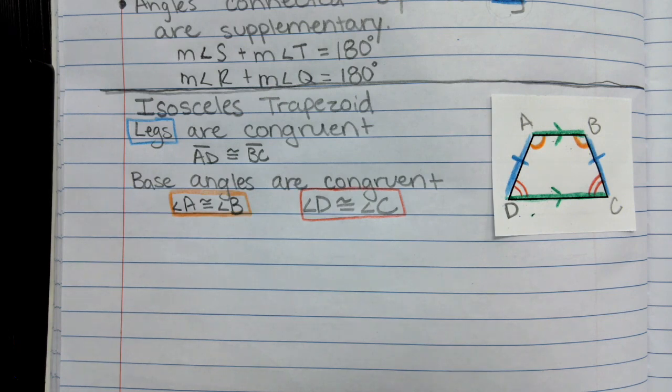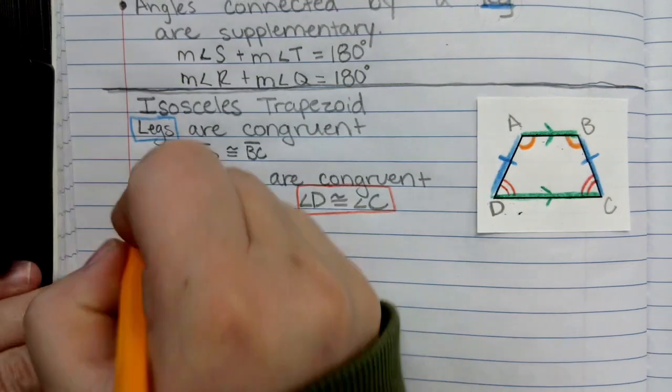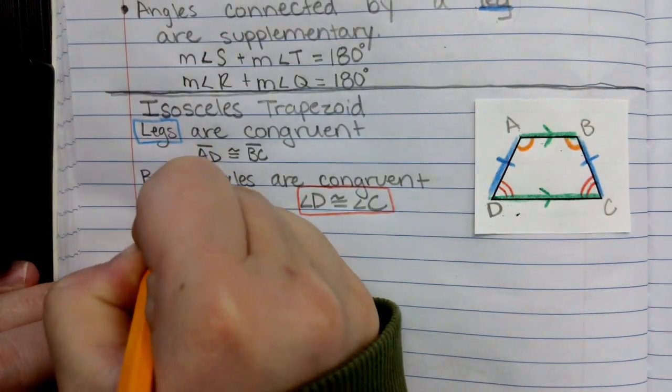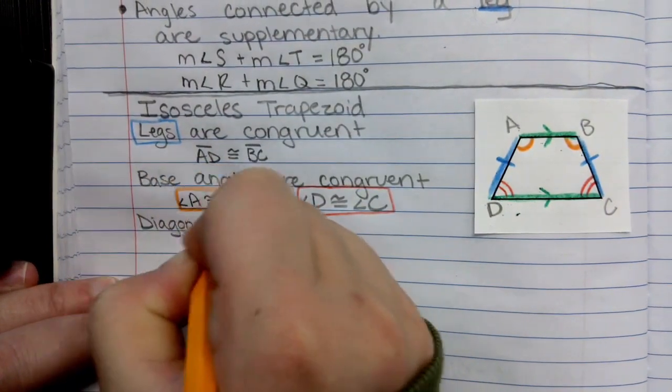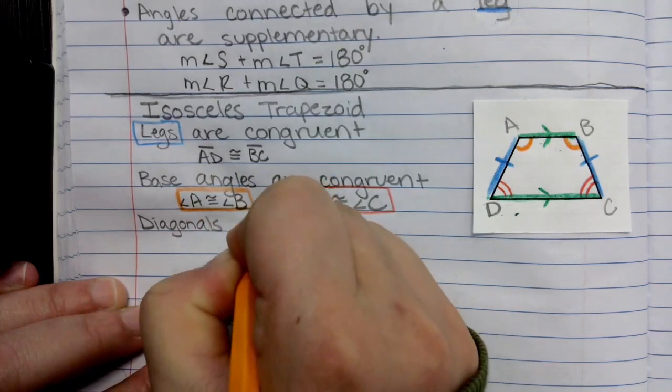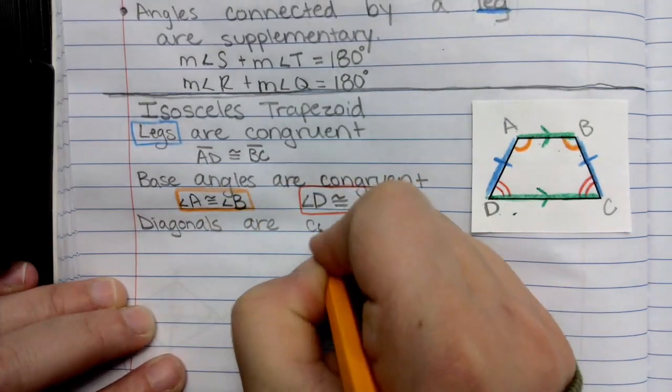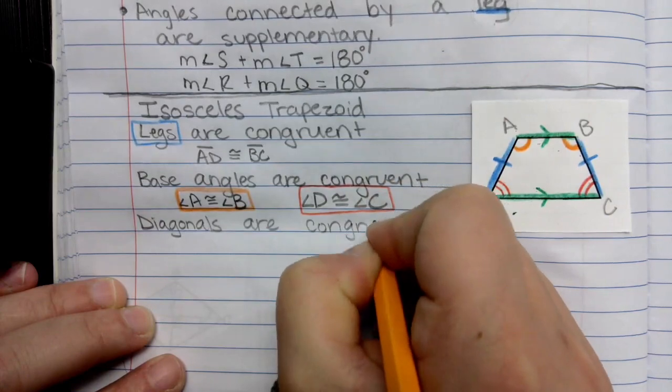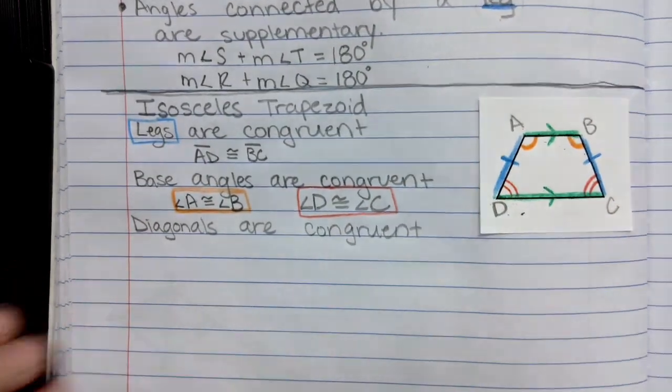Remember, a diagonal cuts through the shape. So what is one of our diagonals if we were going to write it out? C to A, or AC, would be congruent to the other diagonal that would connect B and D.